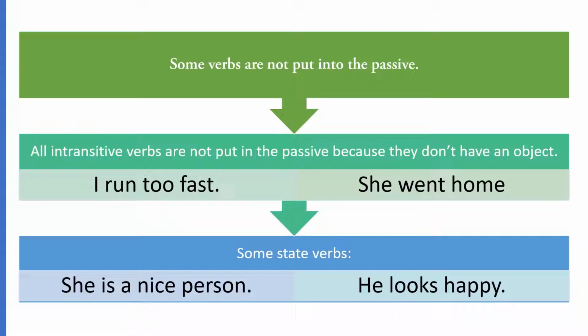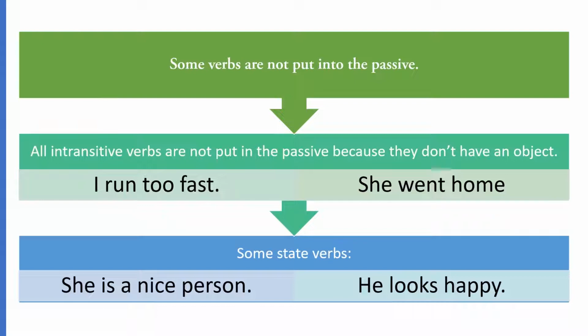We don't have an object because with run, you can just say "I ran" and stop. There is no object, so no passive voice. "She went home." Also, we don't have an object because the verb go here is intransitive. Okay? So this is the first part. Intransitive verbs are not put into the passive voice.